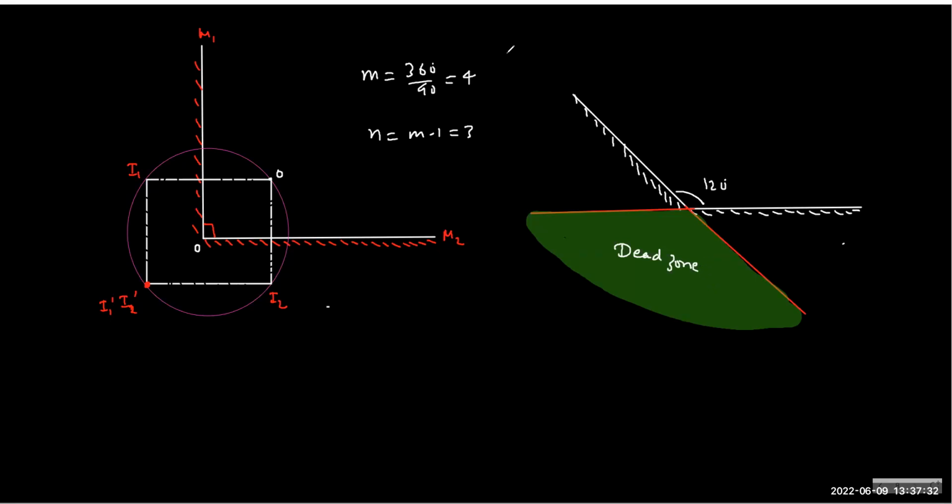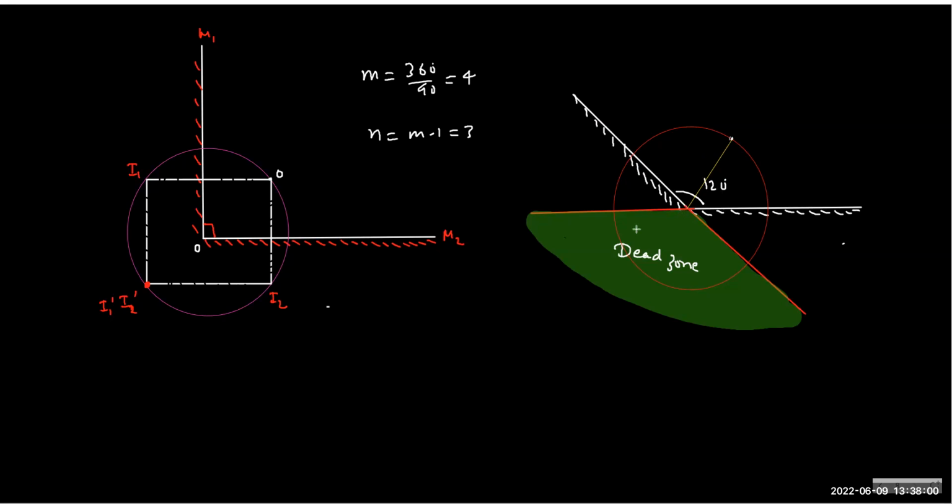So if we choose, let me draw a circle first. I need a circle eventually. Take any object. You can see this angle is even bigger than this.